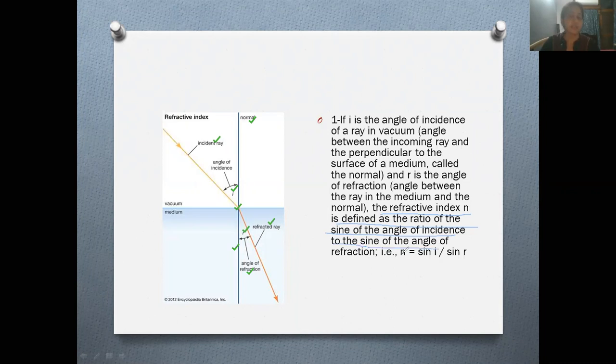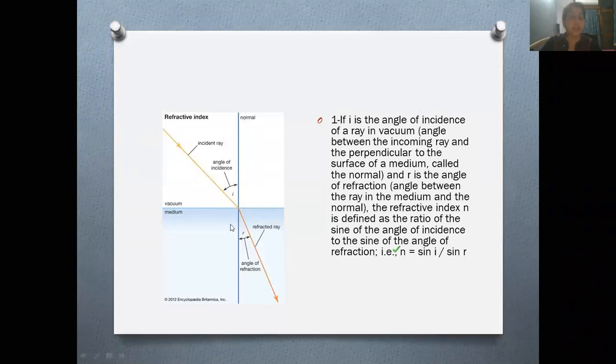This is another formula of this refractive index. So the refractive index n is equal to c upon v, as we did before. And this is the refractive index n is equal to sin i upon sin r. This is another formula of refractive index. So what is sin i?